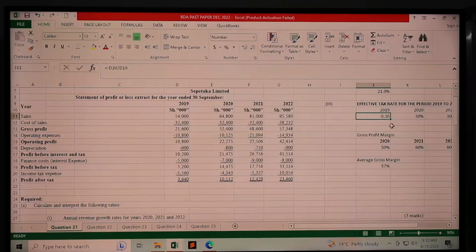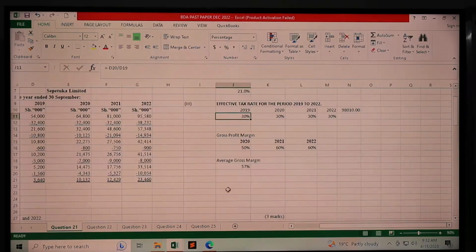It will give you 0.3. Then you convert it to percentage. Actually, that usually gives us the standard tax rate, 30%, which if you copy this formula across, it will give you 30% across the screen. So this one you take from 2020. This one here takes from 2021. And this one takes from 2022. So that is the next part.